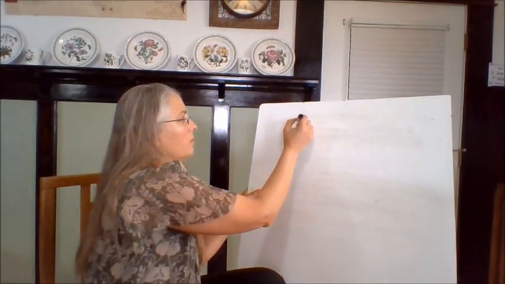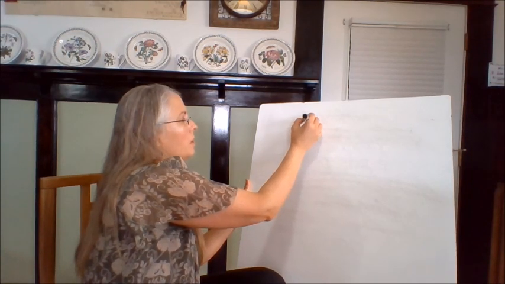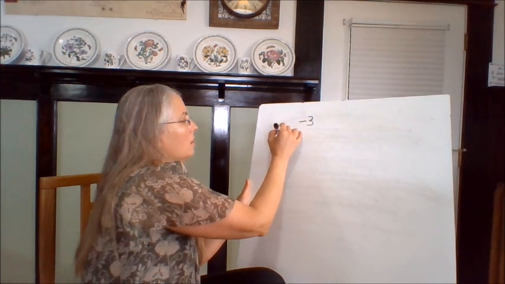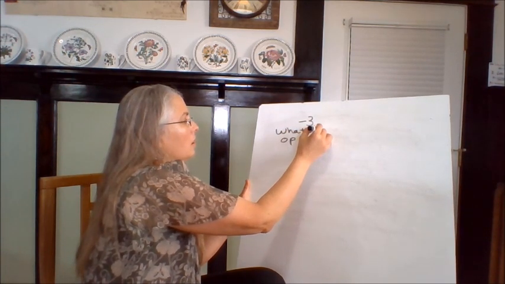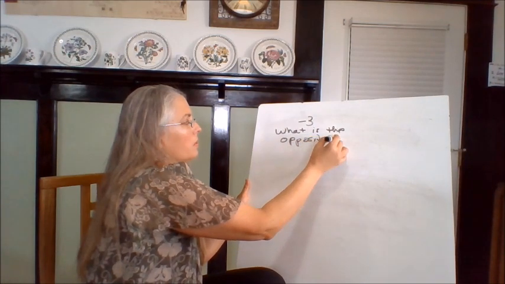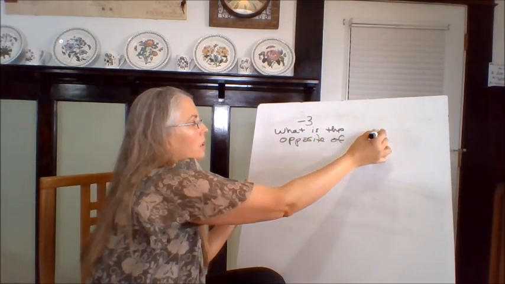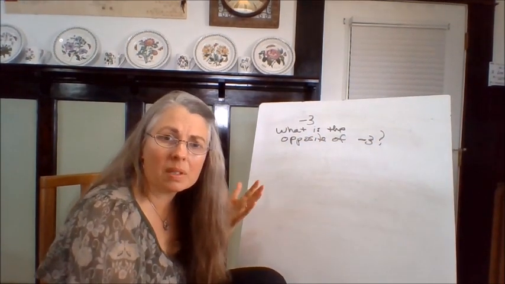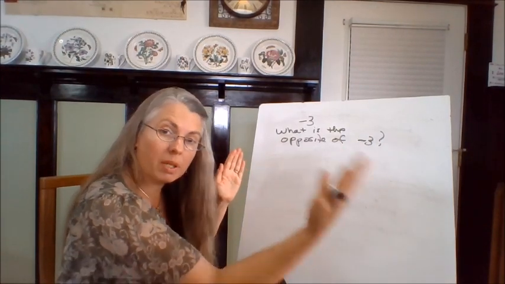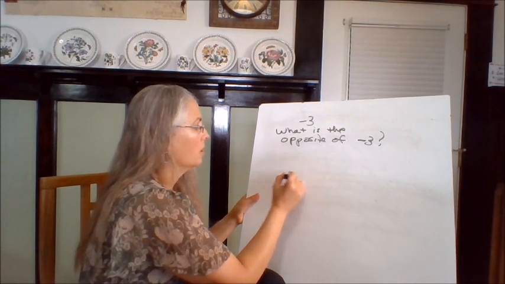So for example, if I said negative 3 and I said, what is the opposite of negative 3? Okay, what does that mean, opposite of? Think about a number line. The opposite is like the mirror image. You're flipping it around 0.